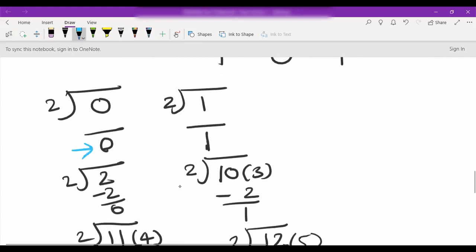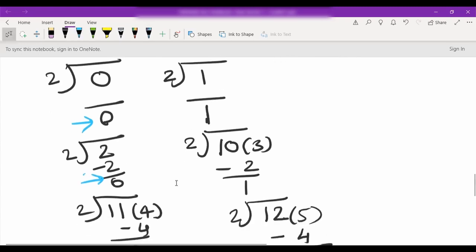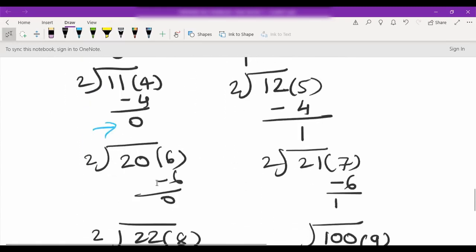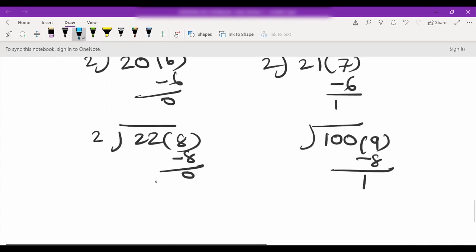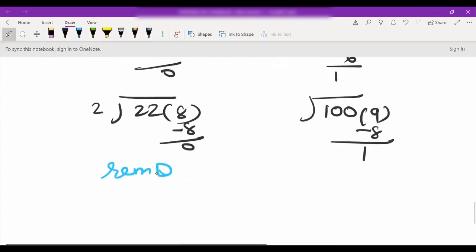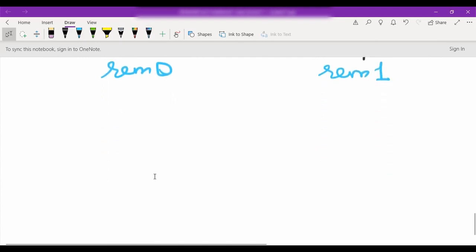All the numbers which are generating remainder 0 are totally divisible by 2. They have the same characteristic. Everywhere we find remainder 0. And here everywhere we can see that the remainder is 1. So they belong to the same category, and we will call this condition remainder 1.